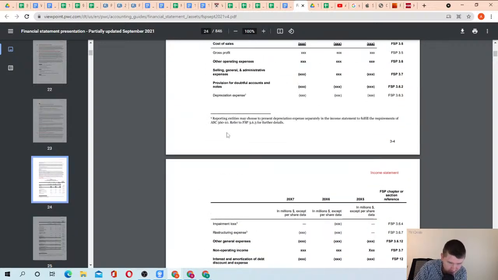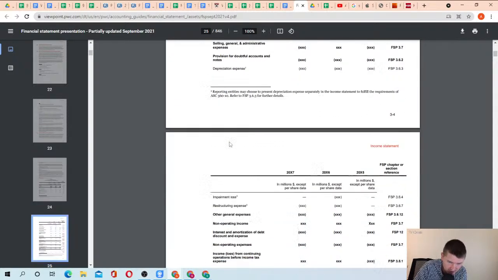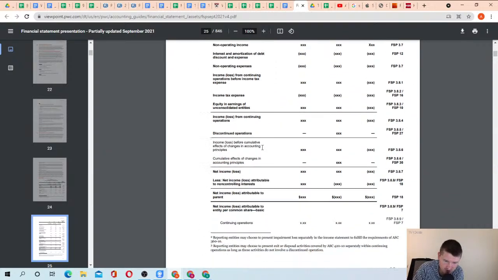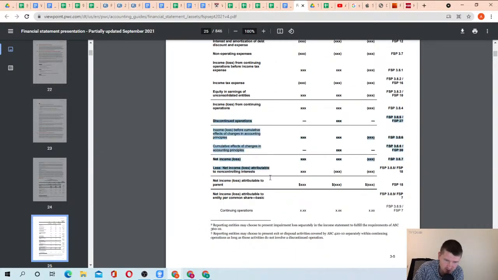We should have operating profit somewhere here. So at the end we have income from continuing operations, income or loss from continuing operations before income tax. Yeah, we might want to have some operating subtotal here for management purposes, and we also have discontinued operations.